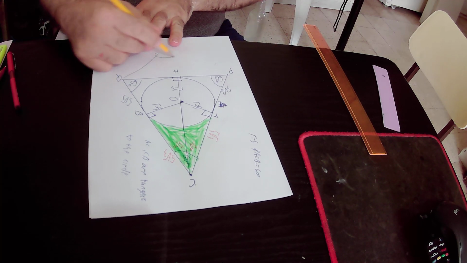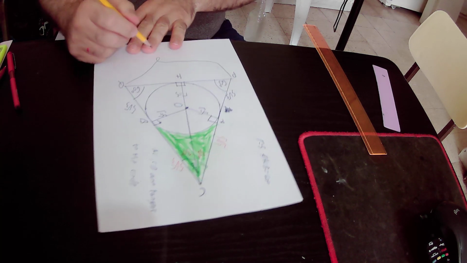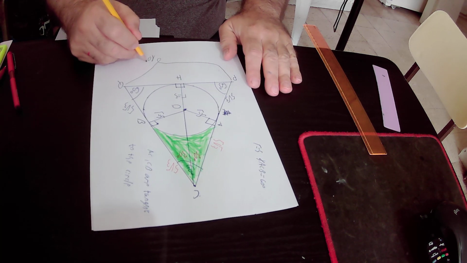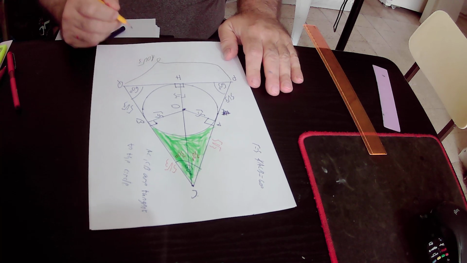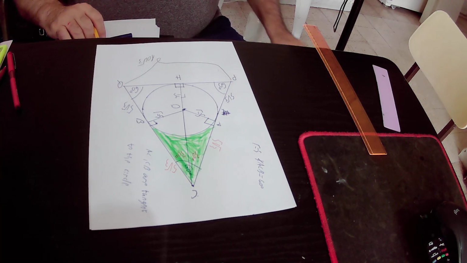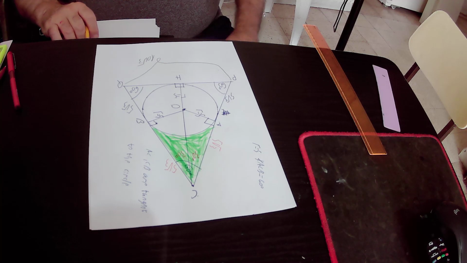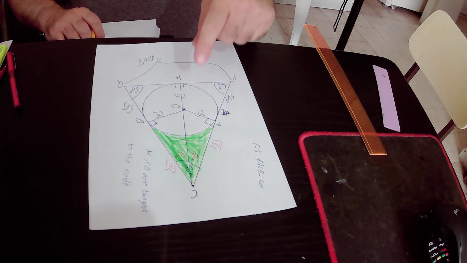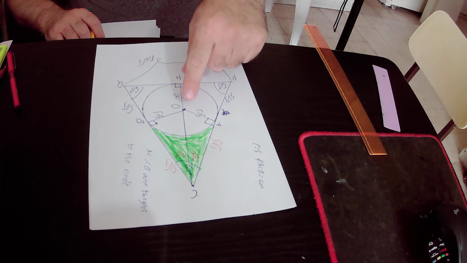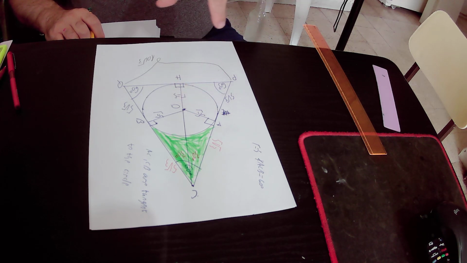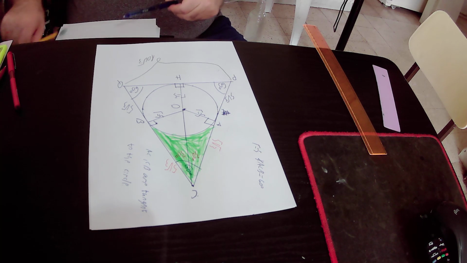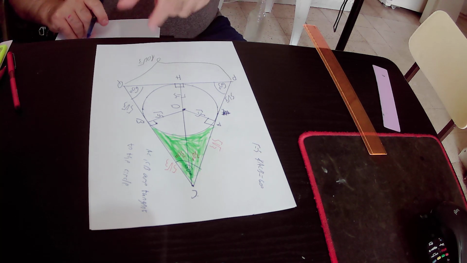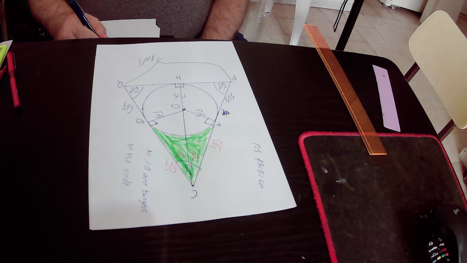So PQ will be equal to 10 times root 3, and according to rule number 5, we have here the height OH. The height OH divides side PQ into two equal parts. That is to say, PH equals HQ according to rule number 5.